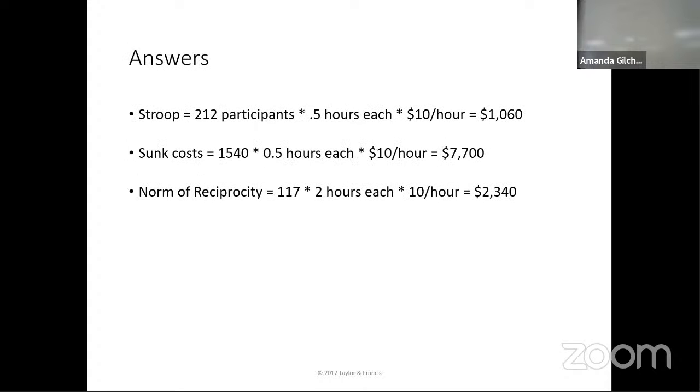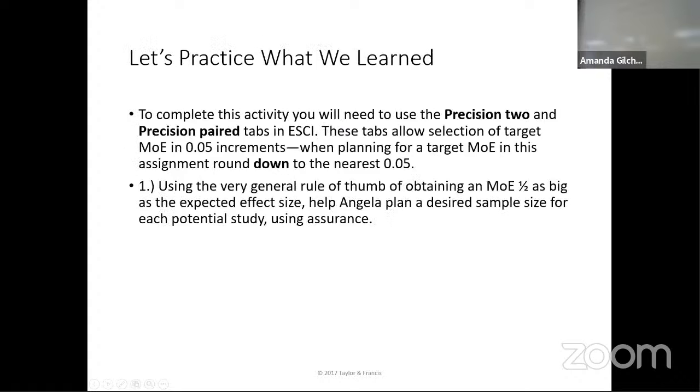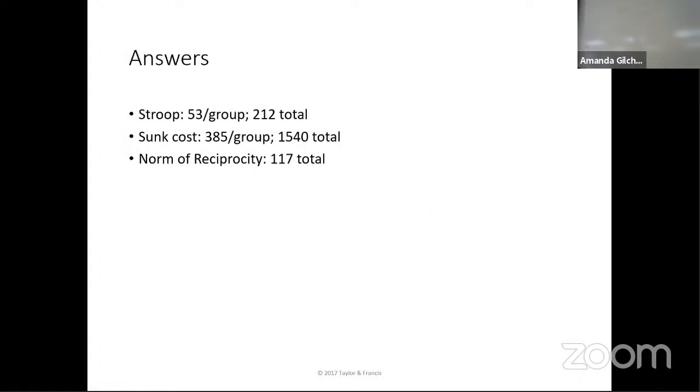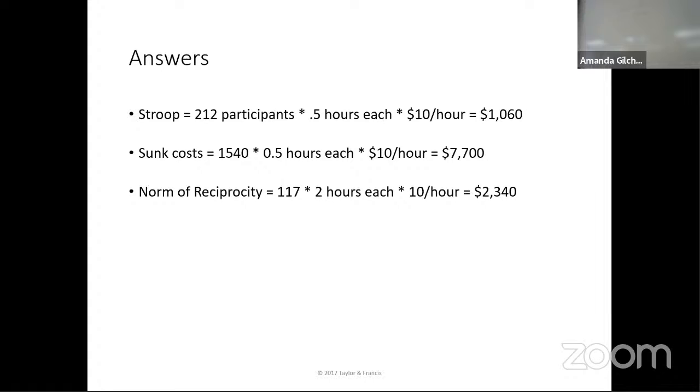Okay, so here's how we do this. So we have 212 participants. So they're doing 0.5 hours each times $10 an hour. Actually, wait, Stroop was 30 minutes? I thought it was an hour. It is an hour. That's not correct. So it's 212 times $10 an hour.